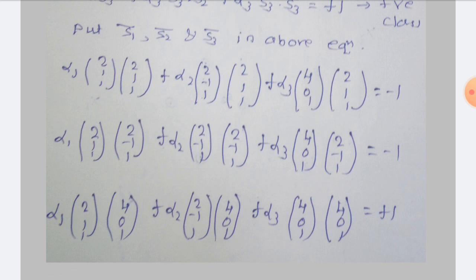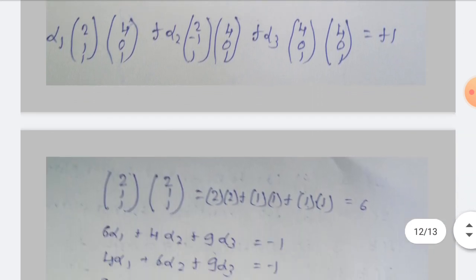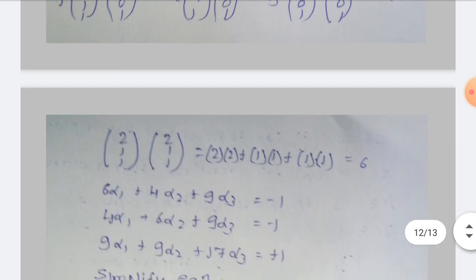Now let us see an example of how to solve this, (2, 1, 1) dot (2, 1, 1). It is equal to 2 into 2 plus 1 into 1 plus 1 into 1. So the total is 6. Now you have to multiply that with alpha 1.